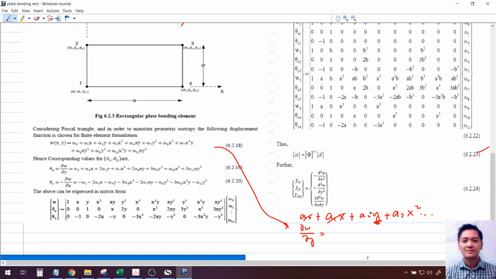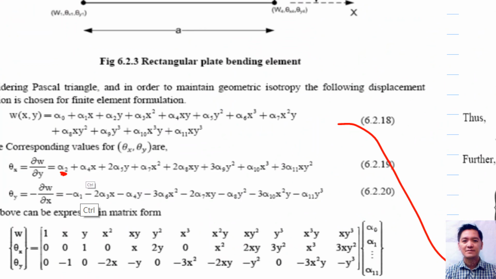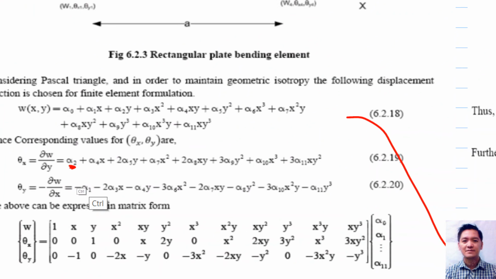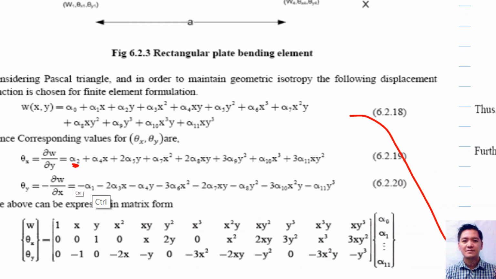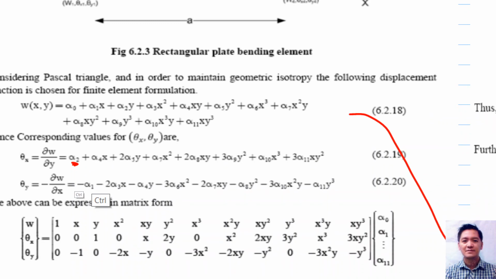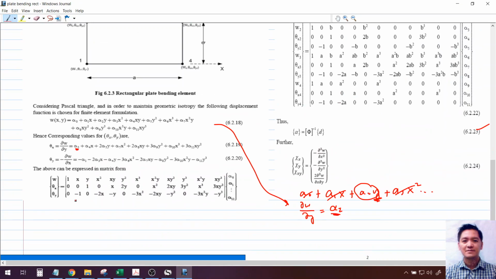In terms of y, therefore, alpha 2. So the first term is alpha 2. Alpha 4x came from alpha 4xy in w, since x is a constant coefficient. I think you know that already.